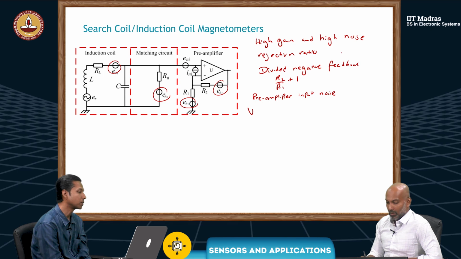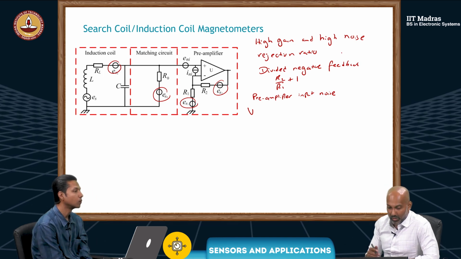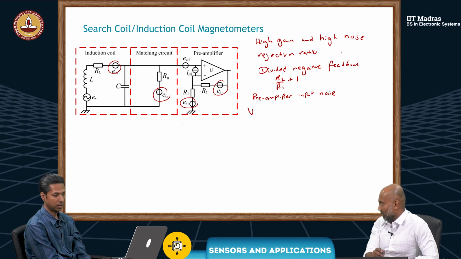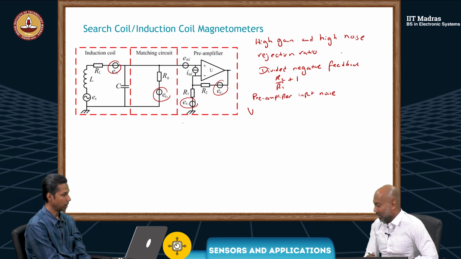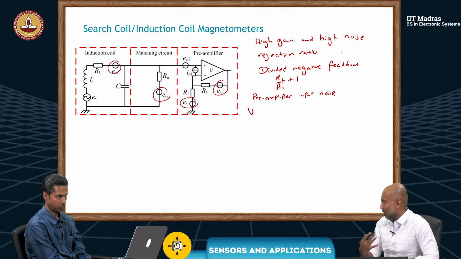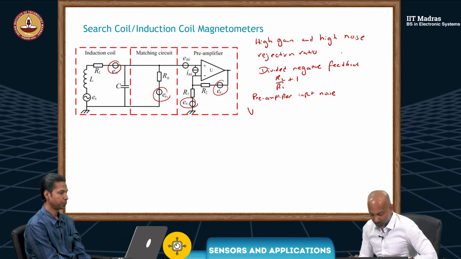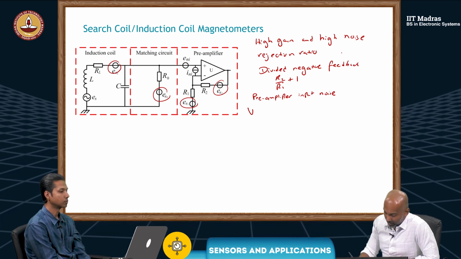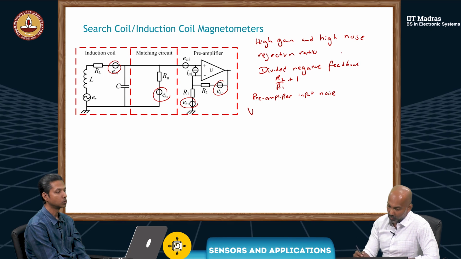Because we went step by step, right? We considered the induction coil. Then we considered the matching circuit. Now we are considering the preamplifier. But each of these resistances, for example, has a noise source. So if you look at the preamplifier input noise, there are three components you need to consider.